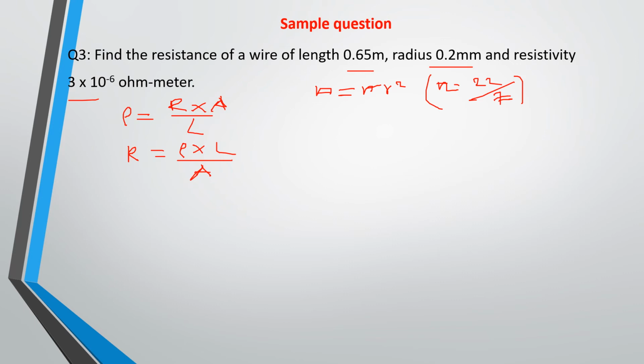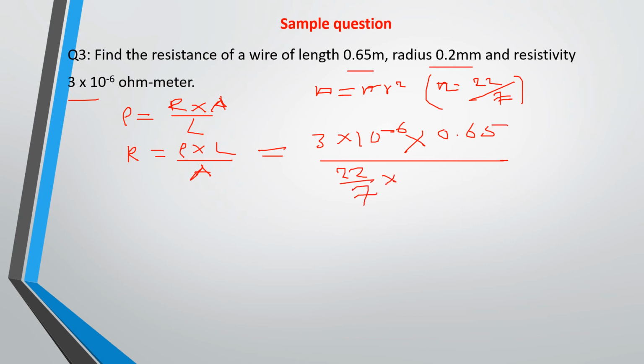So if you substitute into this equation, you have resistivity, which is 3 times 10 raised to power minus 6, multiplied by length, which is 0.65, divided by the area, which is pi radius squared: 22 over 7 multiplied by 0.2.